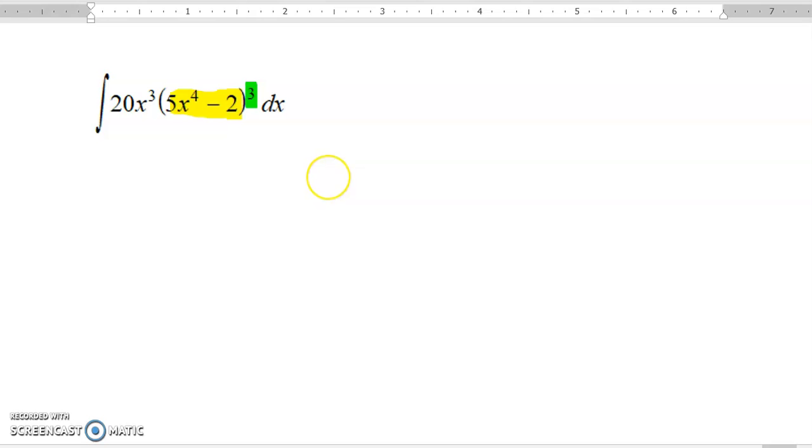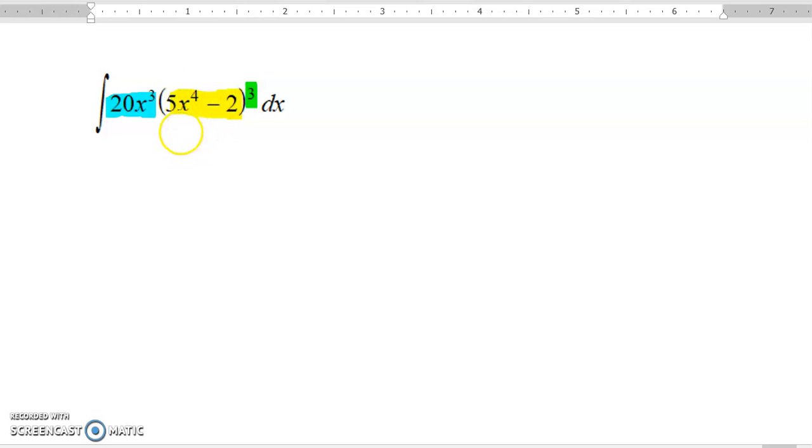One thing to look for is that because this is a reverse chain rule, one of the functions is going to be the derivative of the other one, and it's usually the inside function.